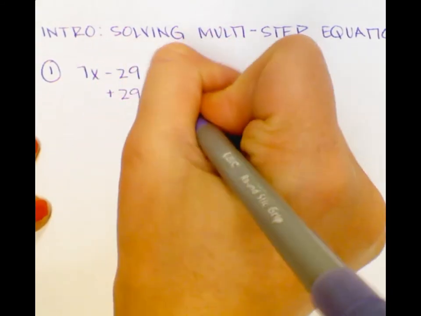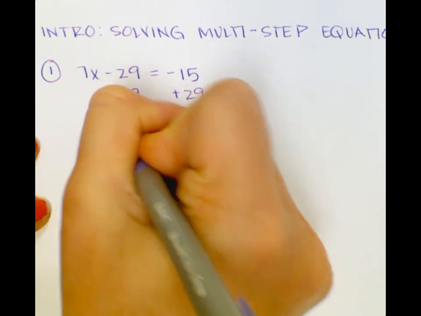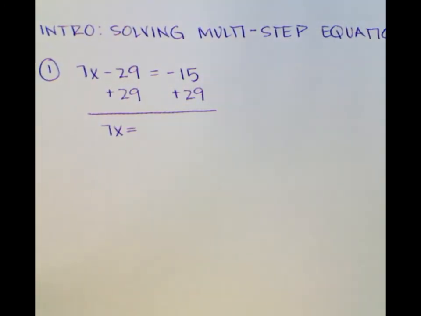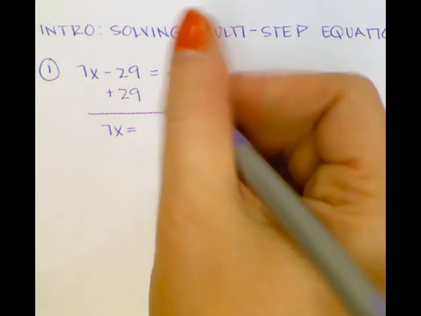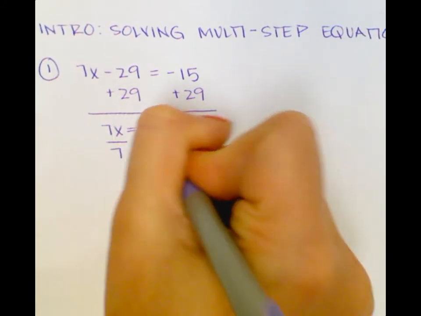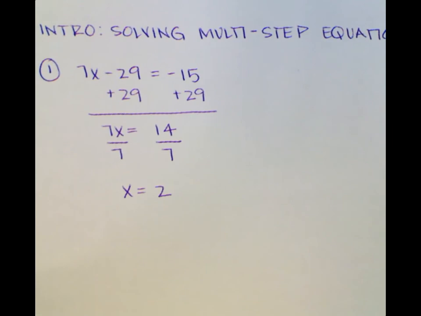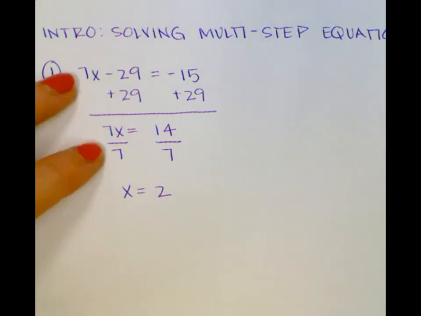So we are going to add 29 to both sides, and we'll have 7x equals, then negative 15 plus 29 is 14, and then divide by 7, and you're going to get 2. Okay, so this is what I'm talking about, multi-step equations, more than one step.